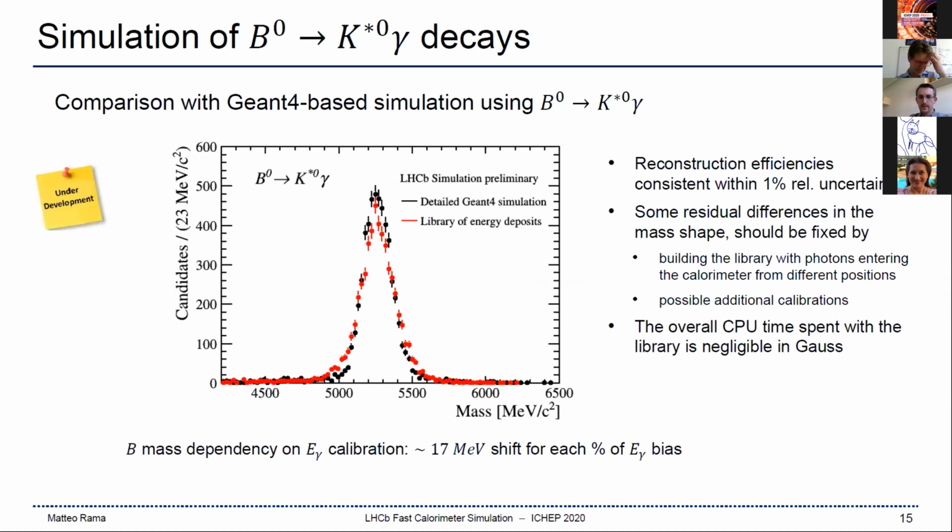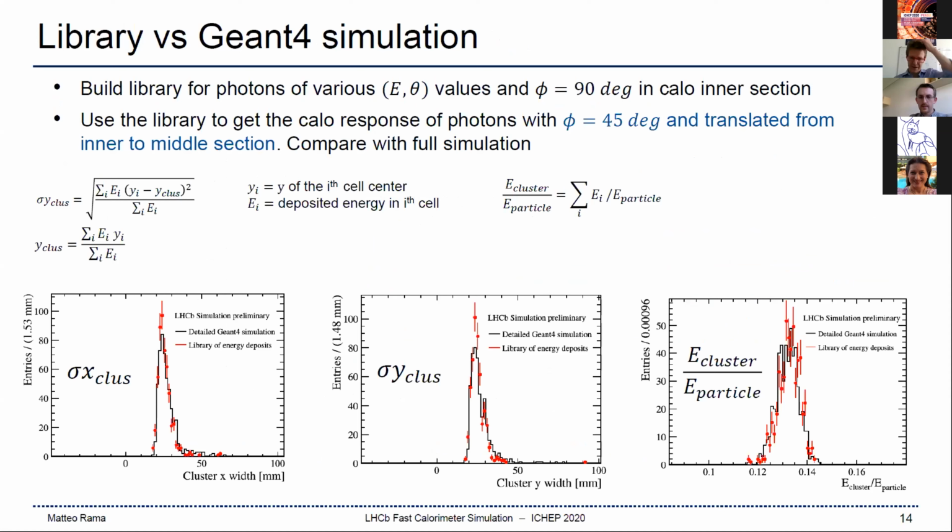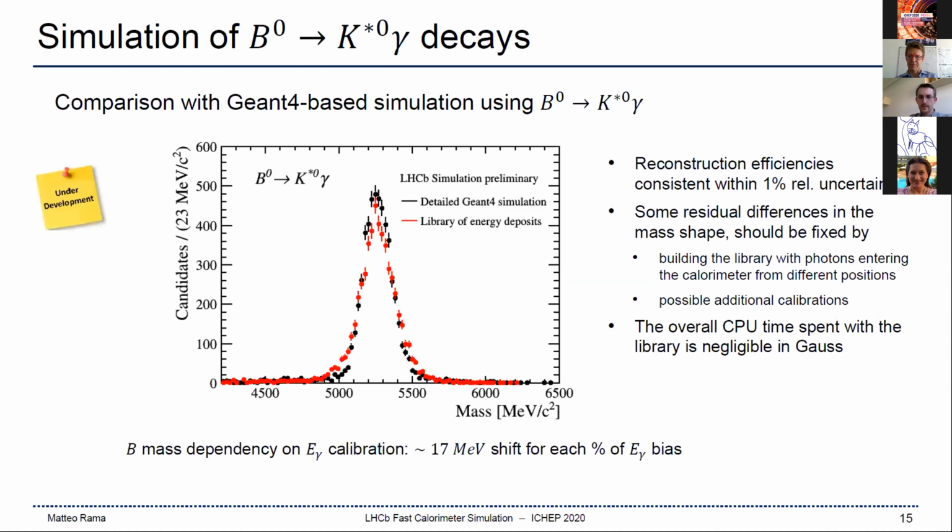Yeah, okay, it's a good question. So we do see some differences, but not so large. The example that I've shown in these comparisons, this one, the library was created from photons generated exactly at the same position in the same cell. So it doesn't take into account possible variation of the response within the same cell.